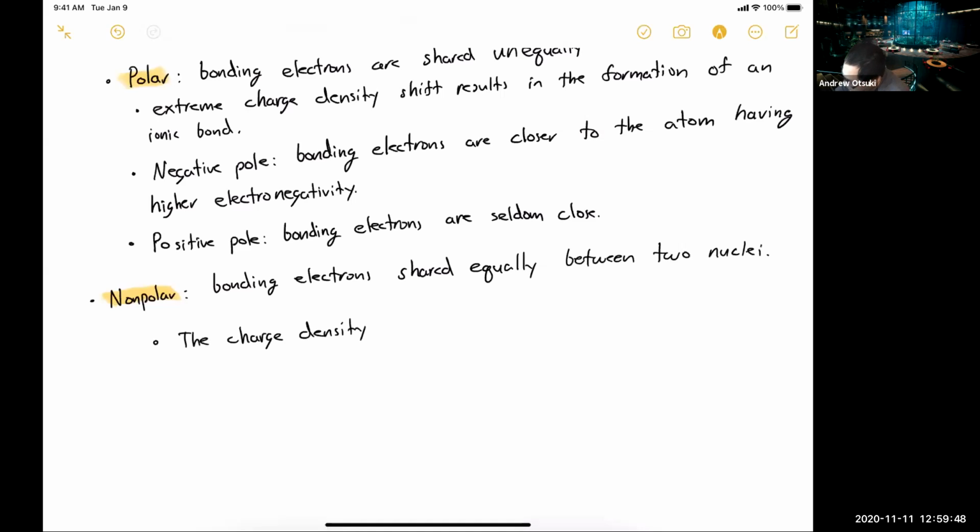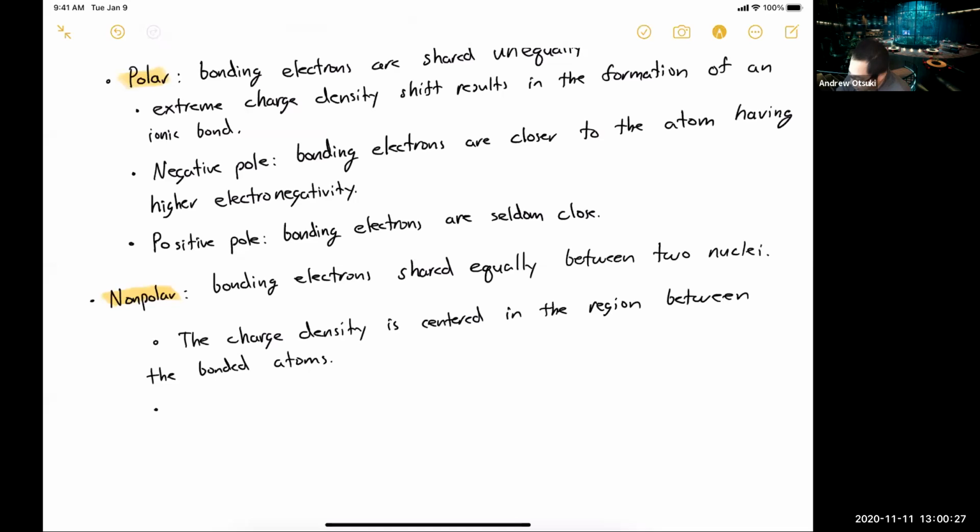We say the charge density is centered in the region between the bonded atoms. That's more like the definition of a covalent bond. So the charge density is centered in the region between the 2 nuclei of the bonded atoms, as we mentioned before.